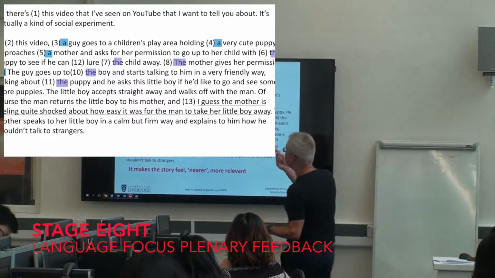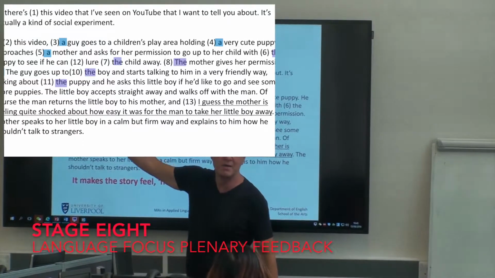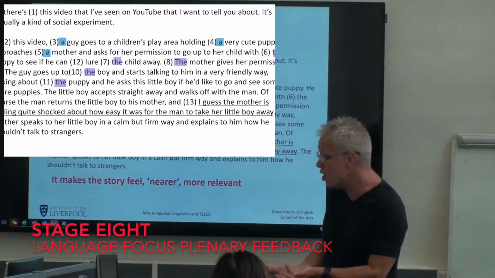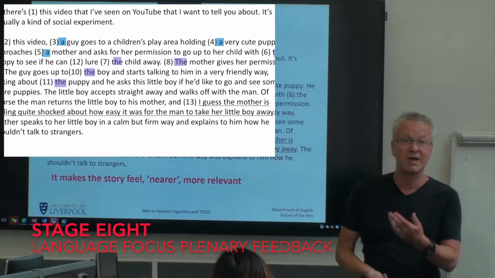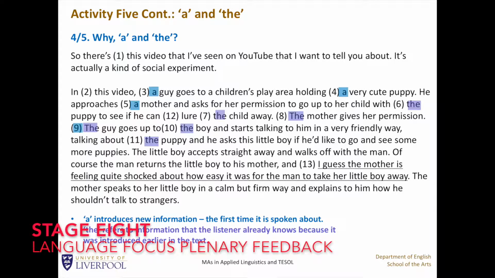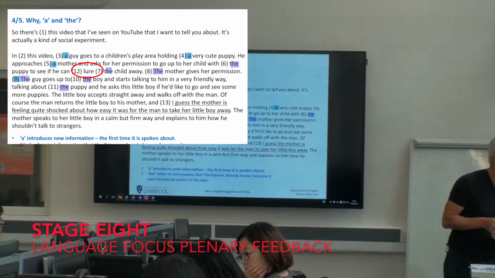But then, later on, here in 9, the guy, is it the same guy? Yes. Do we know about him? Yes, so it then becomes known information, so we use the instead of a. Okay, so a and the. a introduces new information, and the refers to information that we already know about. Right. What's in number 12 here? What's lure?